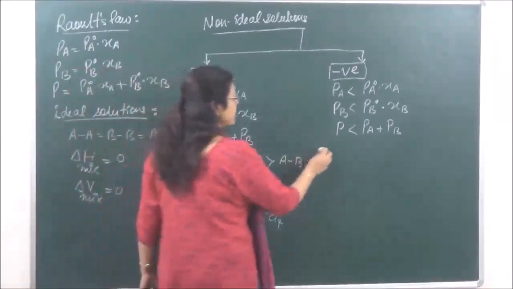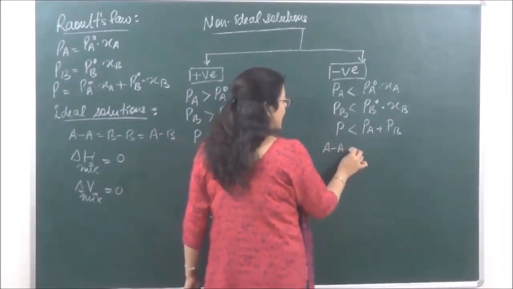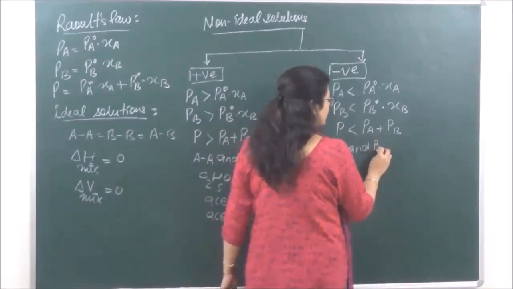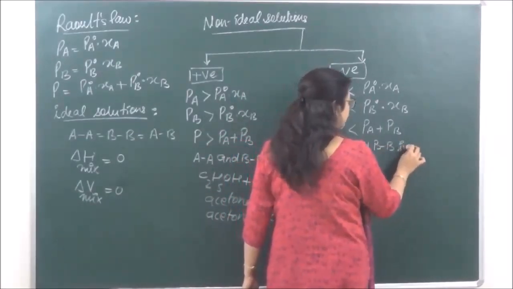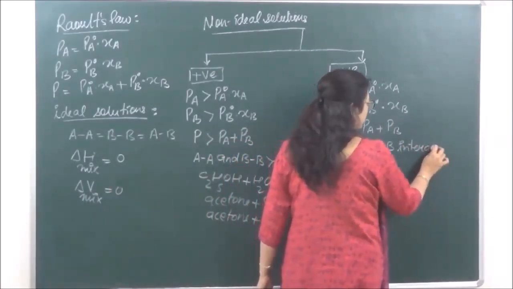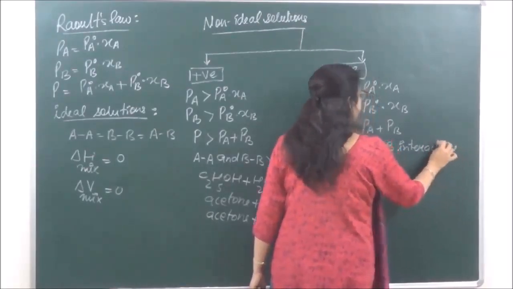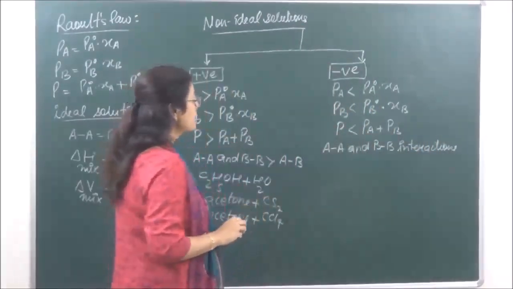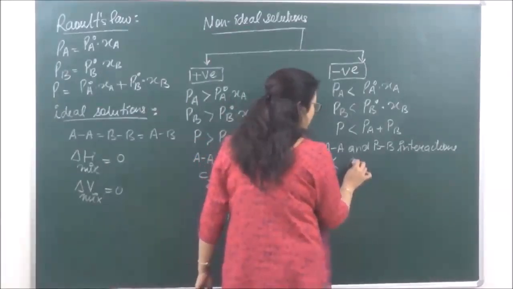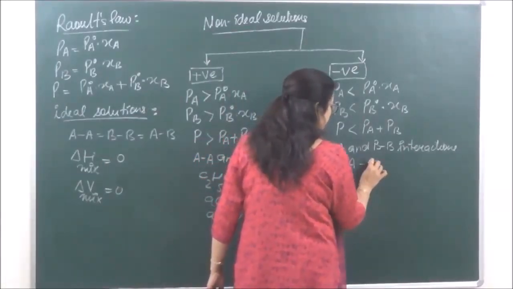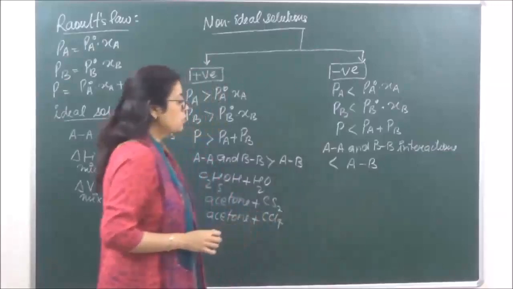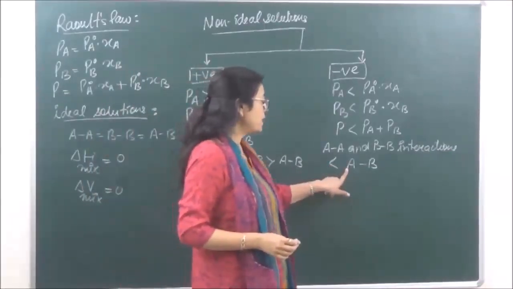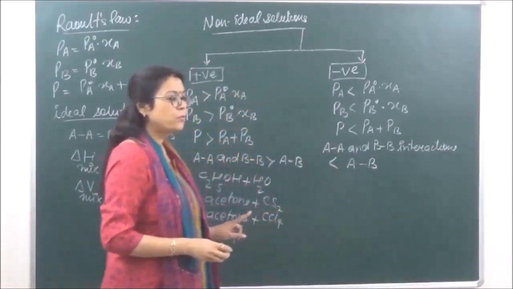Okay, and over here the AA and BB interactions are less than AB interactions. So the forces of attraction between A and B are going to be greater.